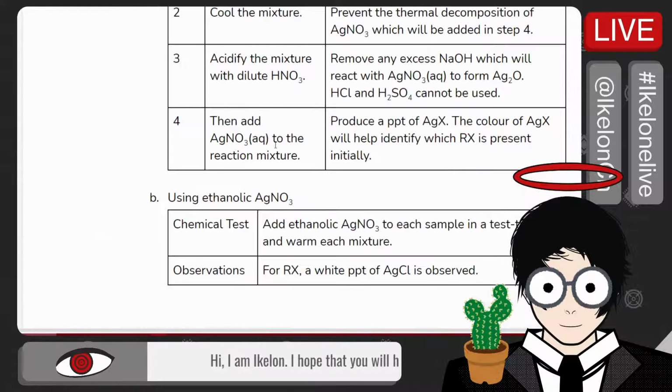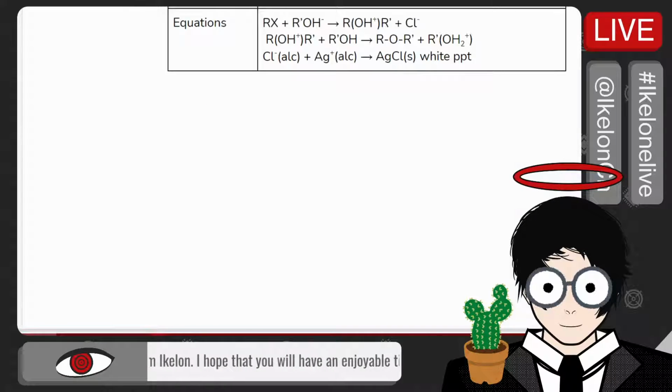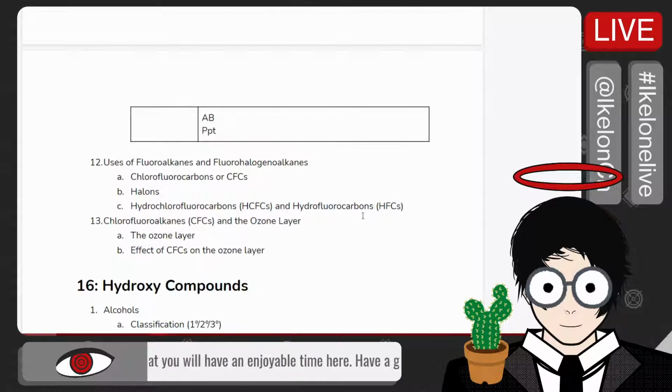And that's pretty much it. The rest is the use of these reagents, but you can just read your own notes. I don't really want to go through the entire thing. It's quite tedious, so just memorize some stuff from here.